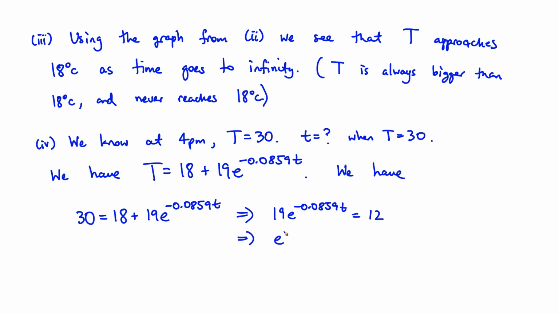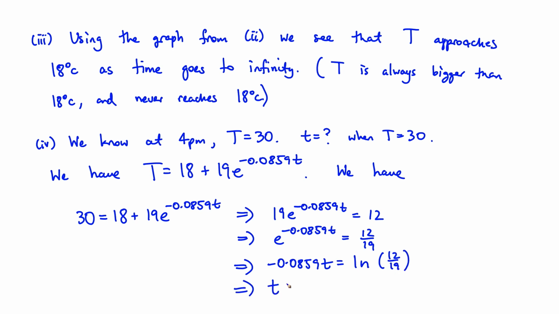That tells us that the exponential term is equal to 12 on 19. So divide both sides by 19. Take the log. And so this factor times little t is the natural log of 12 over 19.